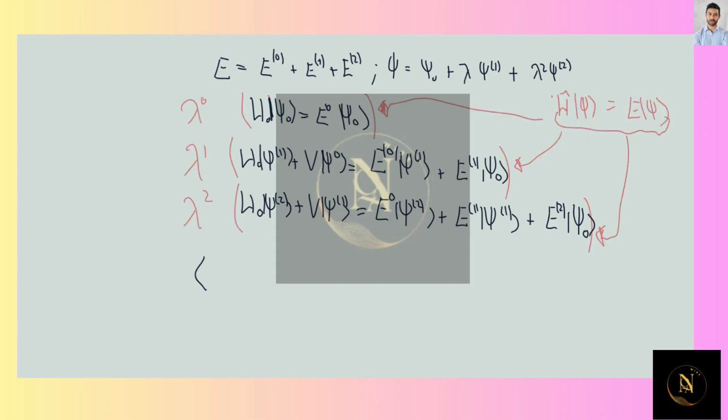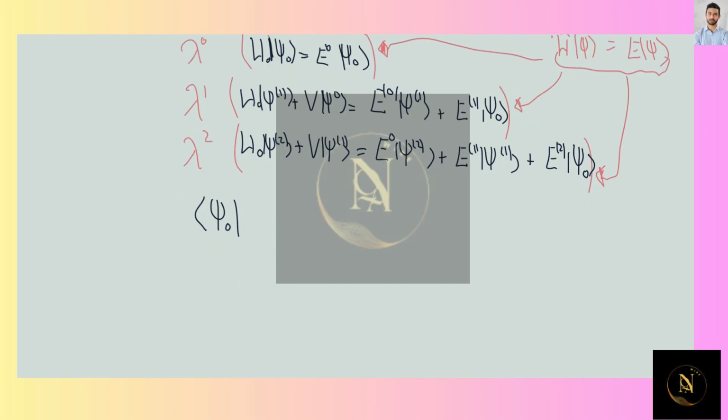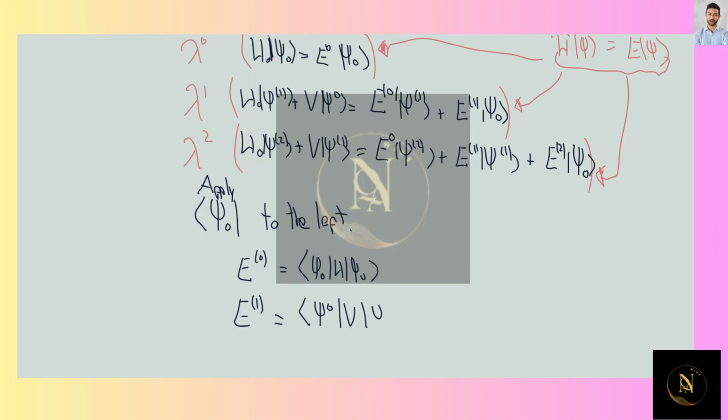Upon application of phi 0 on the left of all of these equations, what we're going to get are the expressions for the zero order energy, which is going to be phi 0 H0 phi 0, for the first order energy, which is going to be phi 0 V phi 0.